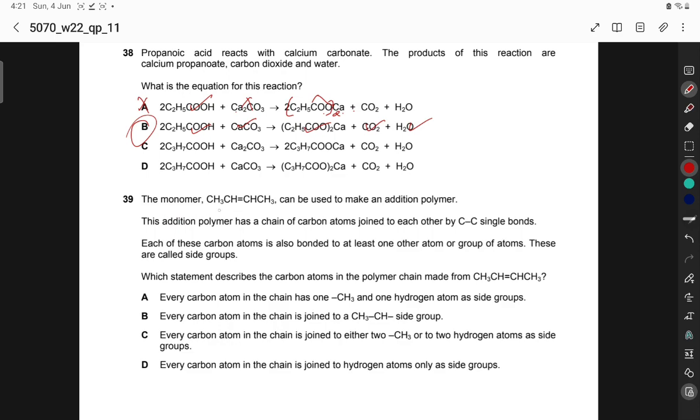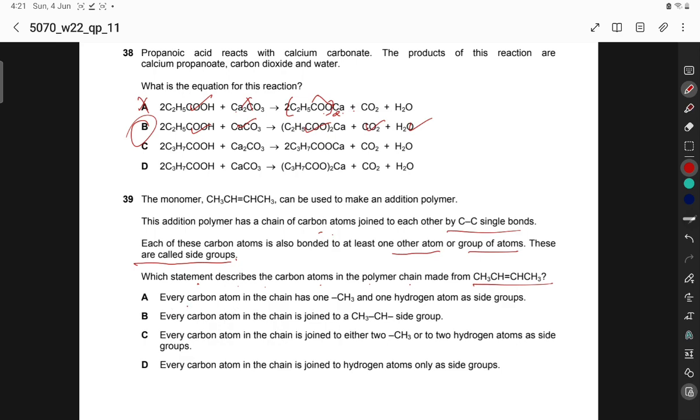The monomer CH3CH=CHCH3, but-2-ene, can be used to make an addition polymer. This addition polymer has a chain of carbon atoms joined to each other by C-C single bonds. Each of these carbon atoms is also bonded to at least one other atom or group of atoms. These are called side groups. Which statement describes the carbon atoms in the polymer chain made from this molecule?